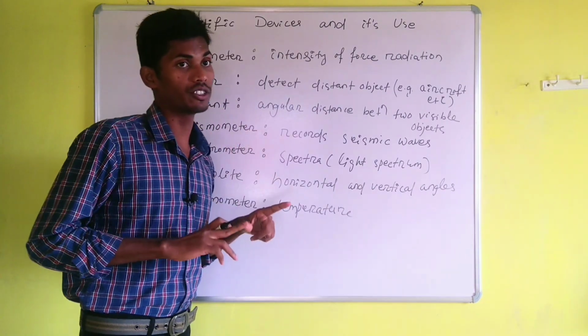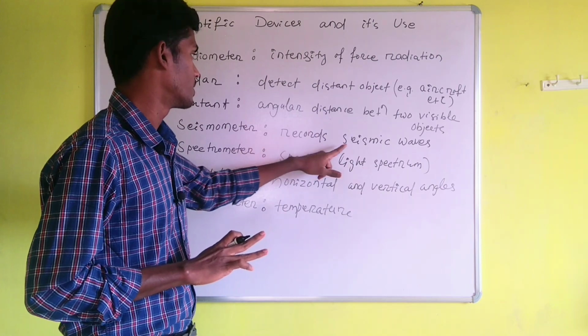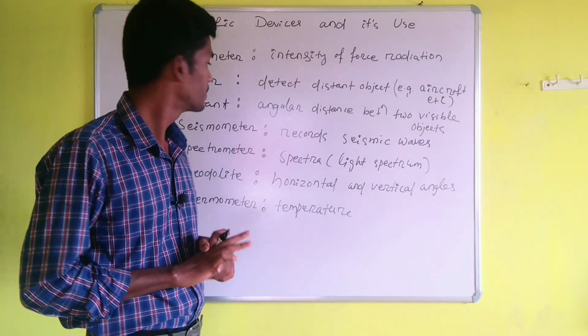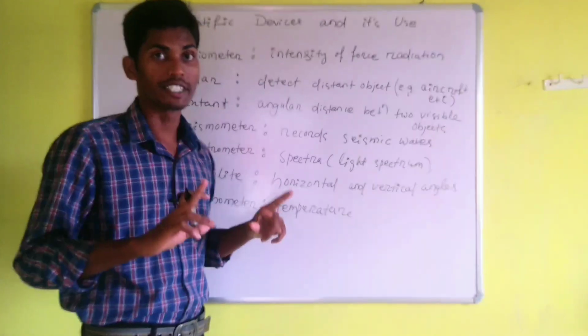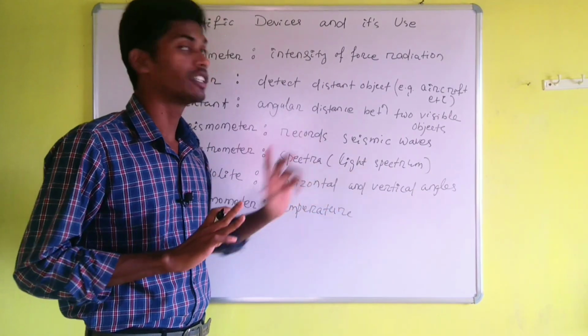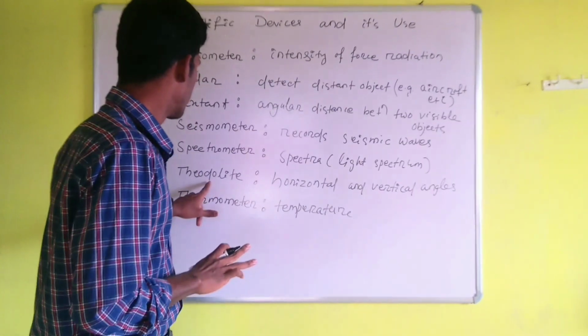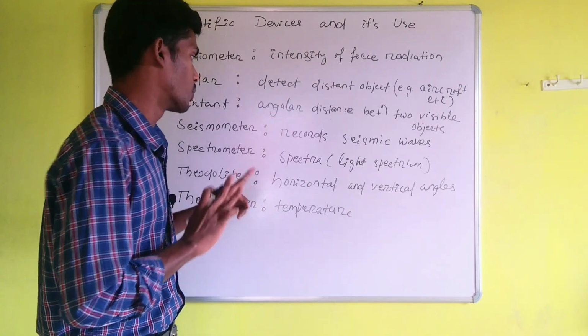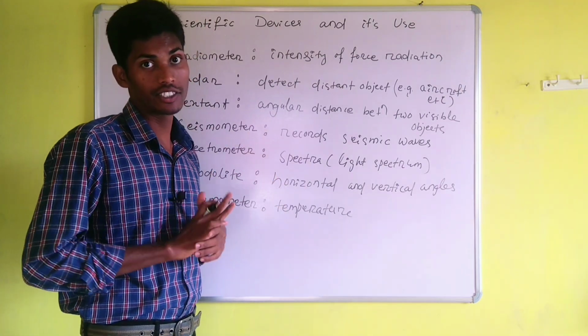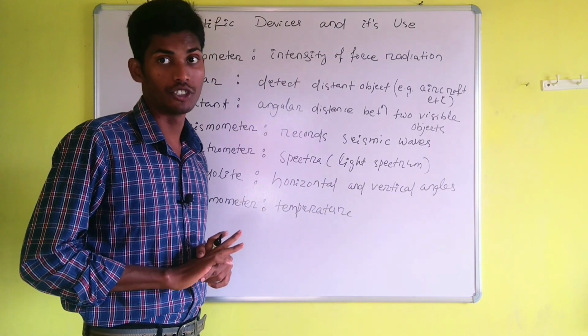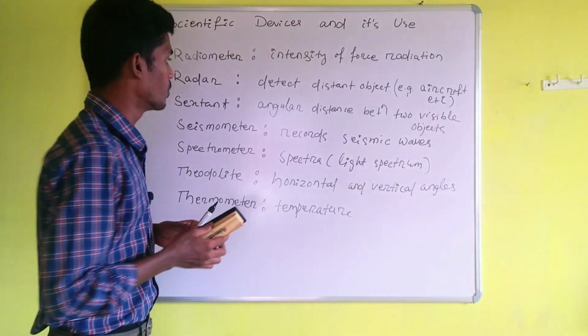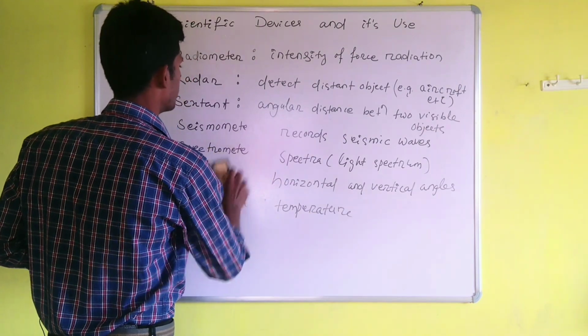Seismometer measures and records seismic waves. Spectrometer measures spectra or light spectrum. Theodolite measures horizontal and vertical angles. Thermometer measures temperature. Let's erase the names of the devices.